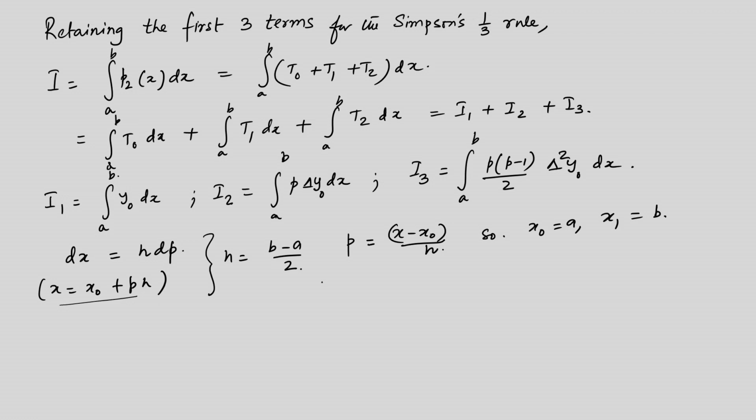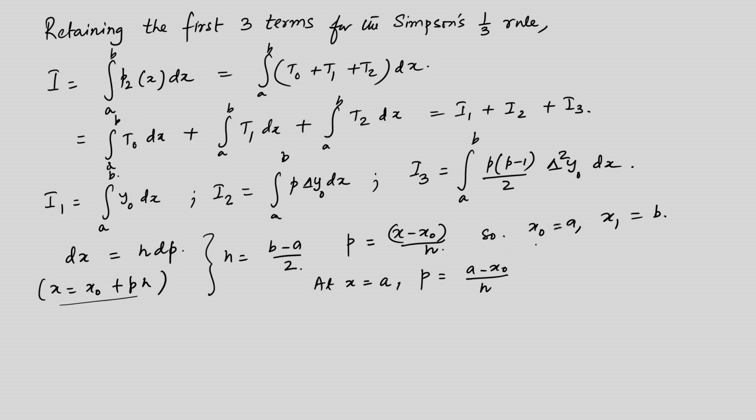Okay. So, see what we are trying to do is change this integral over x to an integral over p. So, we need to know that if x goes from a to b, what p would go from. That is, when we replace this dx by dp, we need to know what the limits of the integral are. So, at x equal to a, p is equal to a minus x 0 by h.